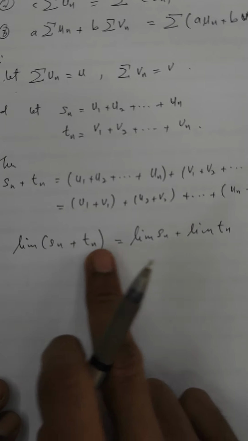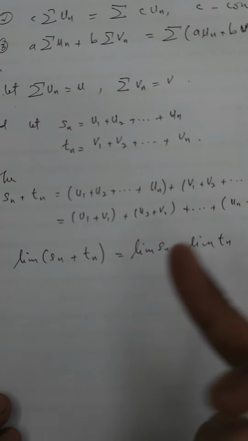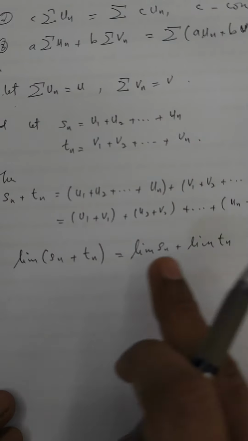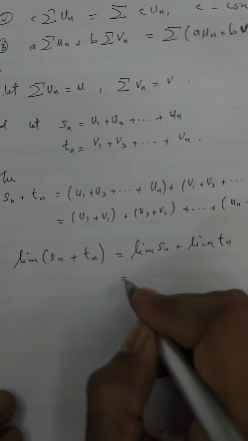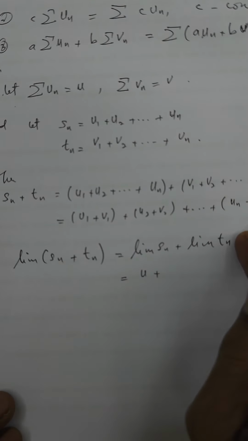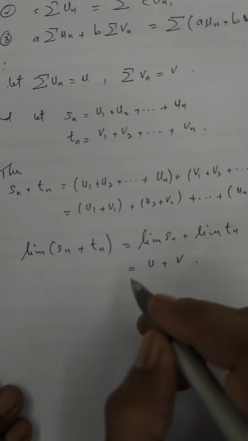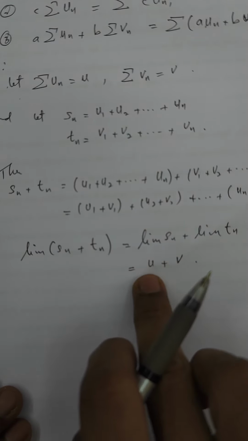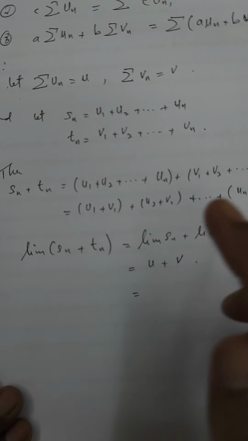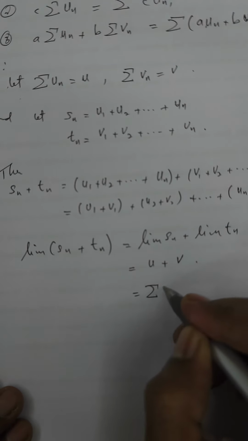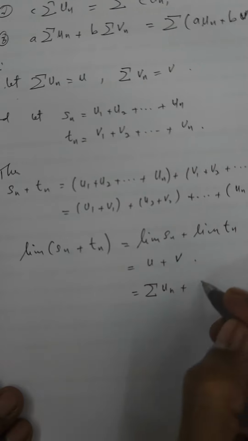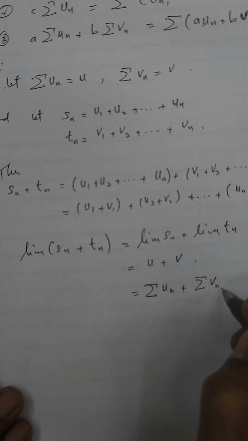We know that Sn converges because the series converges. Then the limit of Sn goes to u, and the limit of Tn goes to v. And we know that u is the limit for the series un, and v is the limit for the series vn.